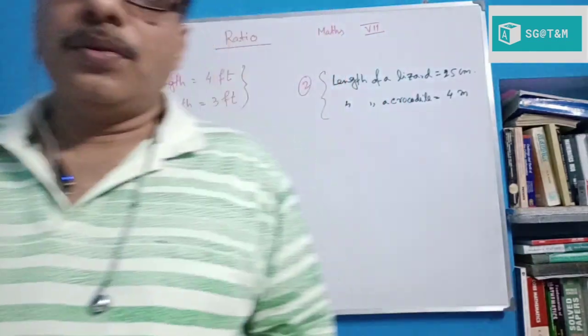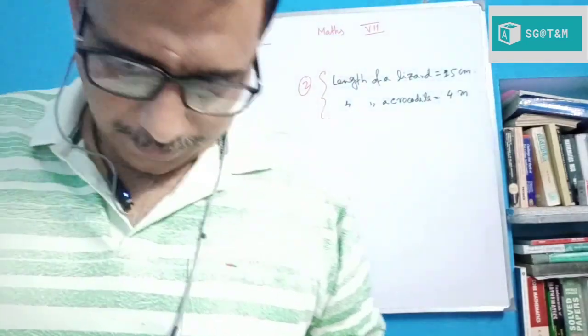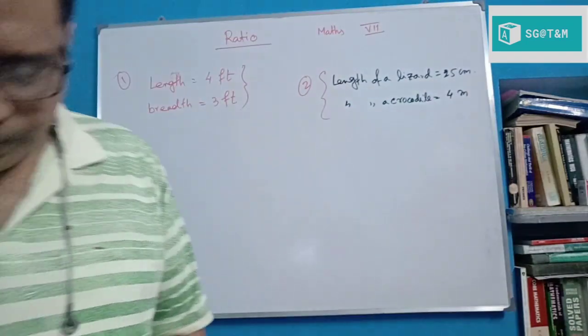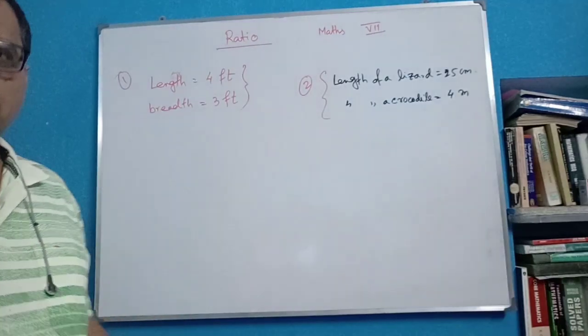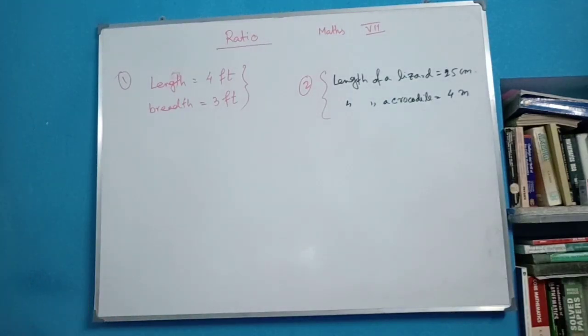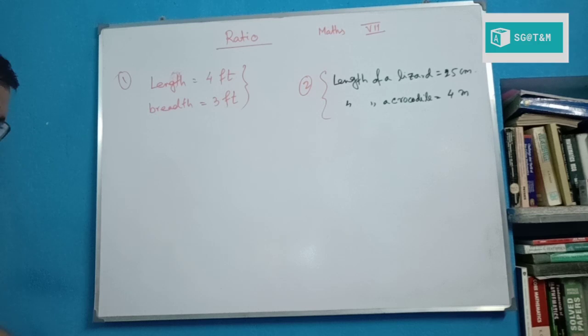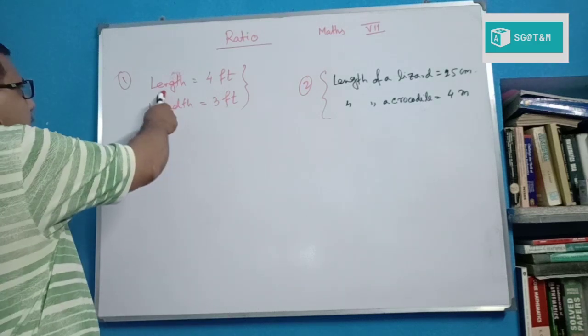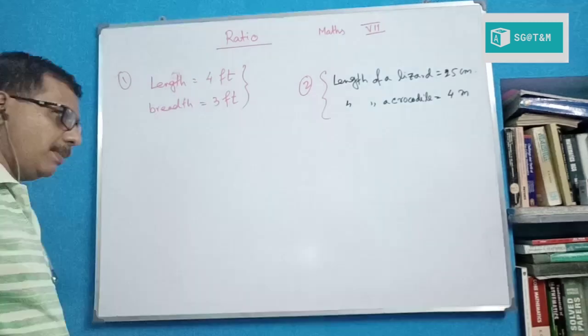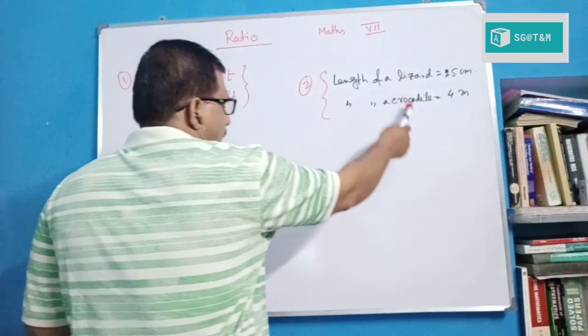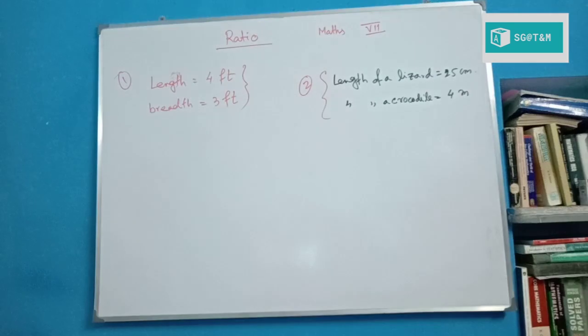Now we discuss what a ratio is. In our practical life, it is very often required to compare two quantities in terms of their magnitude or measurement, like the length and breadth of the board, or the length of the lizard and the length of the crocodile.